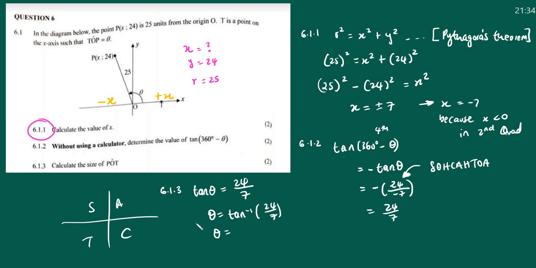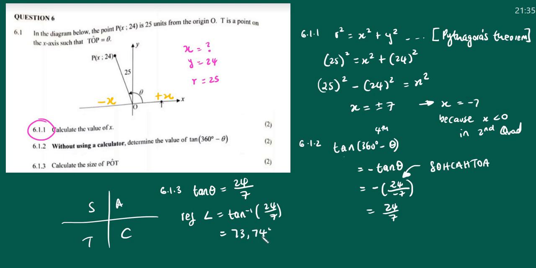Oh, wait. You need the reference angle first again. Yeah, let's not make a mistake. This is your reference angle from the general solution again. So we get our reference angle as 73.74.